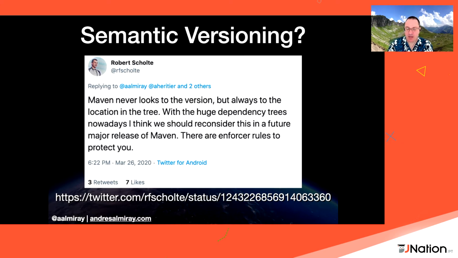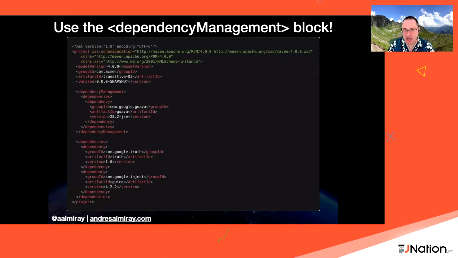Now, that thing is not done yet, but there are a few ways that we can tell Maven to select one version over another instead of just looking at the graph. One of the ways, as Robert says, is that we can use the enforcer rules. I'm going to show that in a moment. But another way is using the dependency management block.